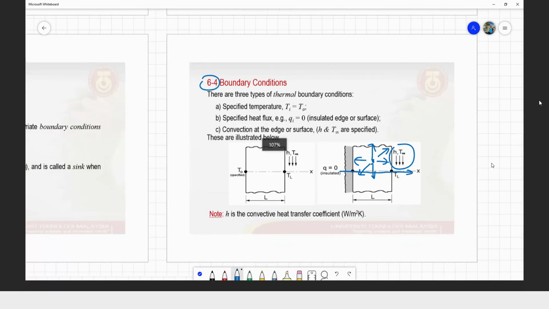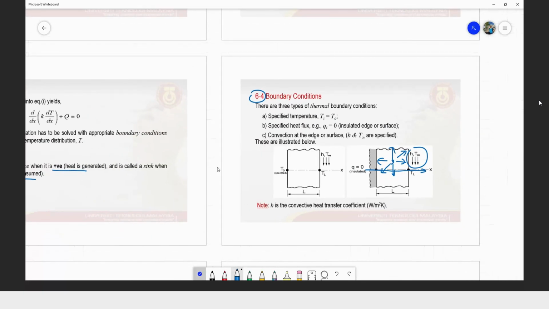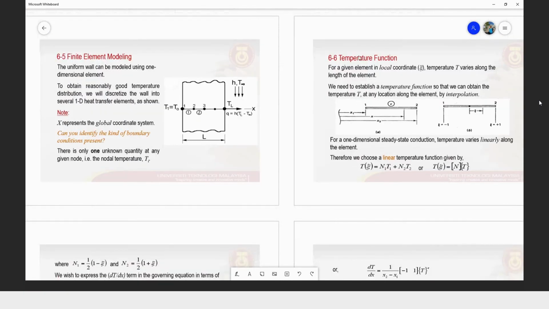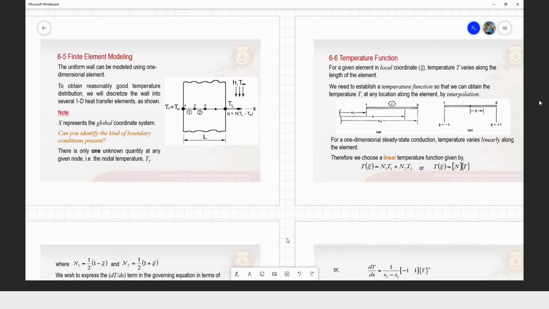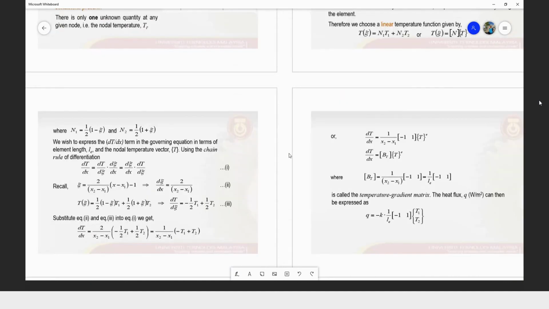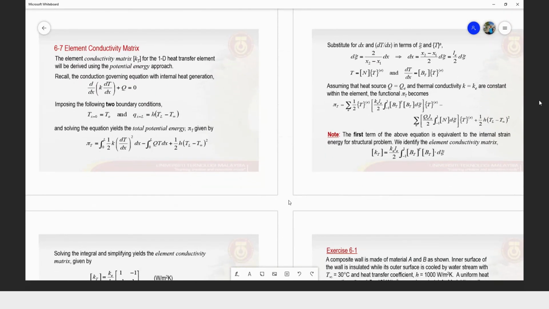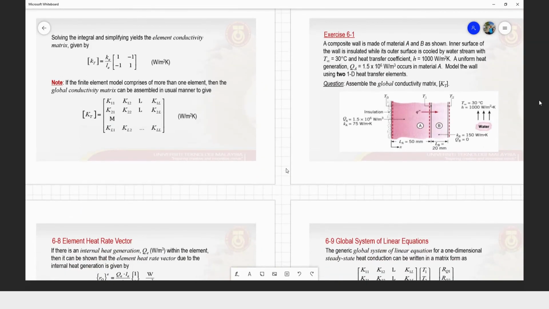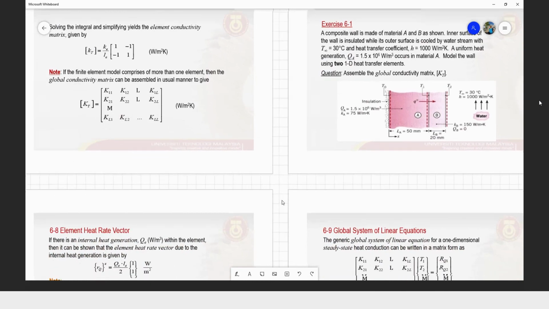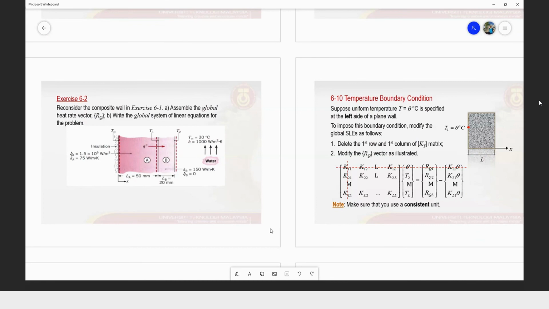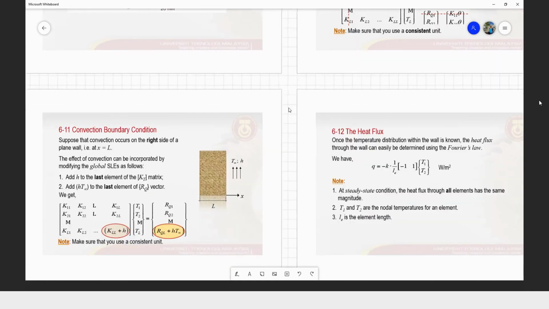Actually this topic is very short, the boundary condition and then the temperature function, exactly like what we did for the 1D bar. I will skip a lot here, it's the same thing. The element conductivity matrix, we will go very fast, and hopefully we can go straight to some examples on Wednesday.